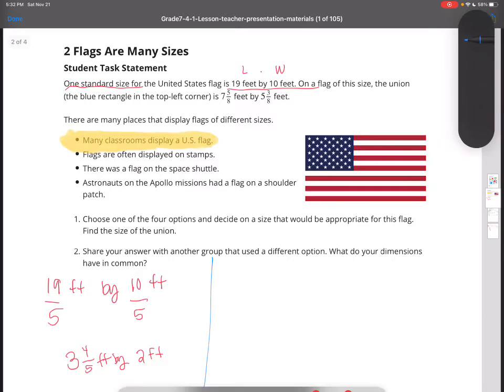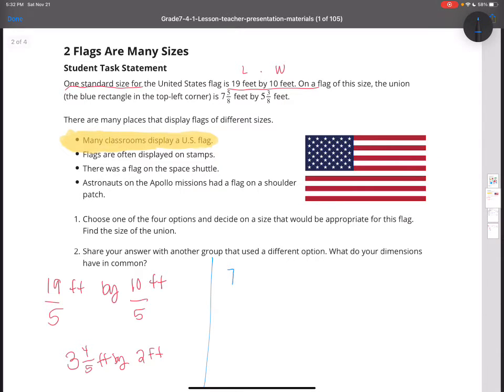So I'm going to write my measurements down. But the first thing I want to do with these fractions is change them to improper fraction form, which would be 7 times 8. 7 times 8 is 56. 56 plus 5 would equal 61 over 8. And then the next one will be 43 over 8.